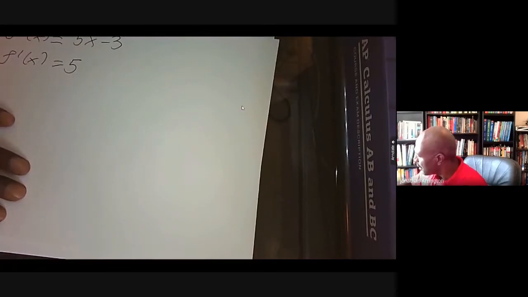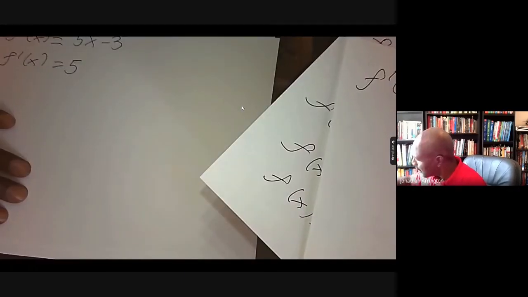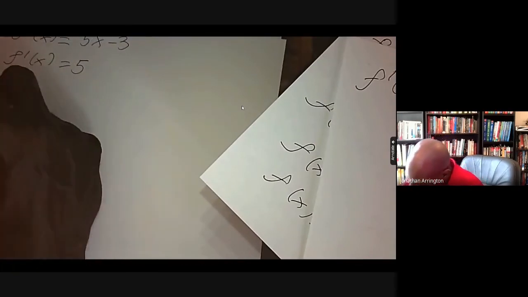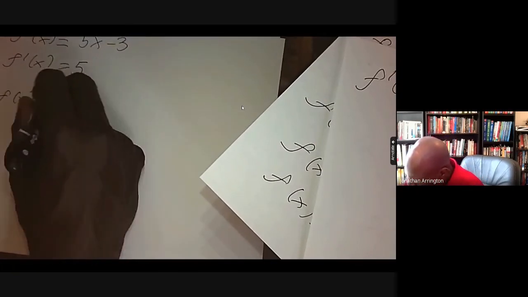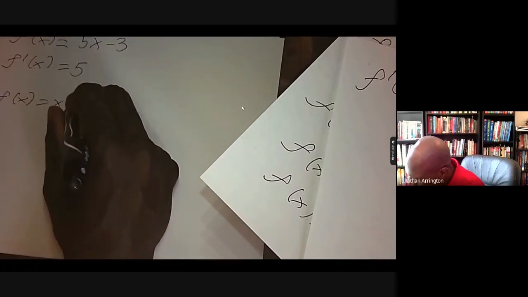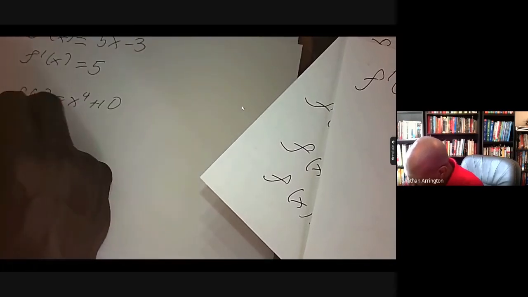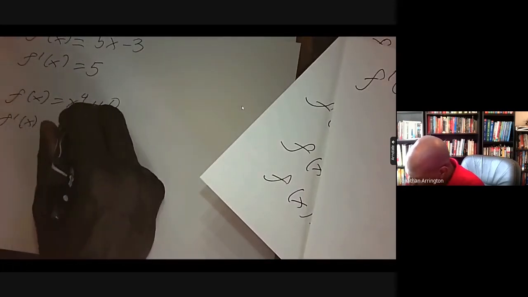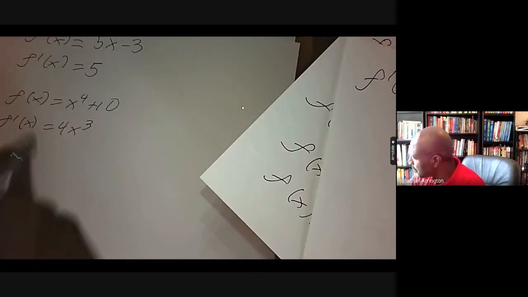And then in another example, f of x was x to the 4th plus 10, and its derivative was 4x cubed.